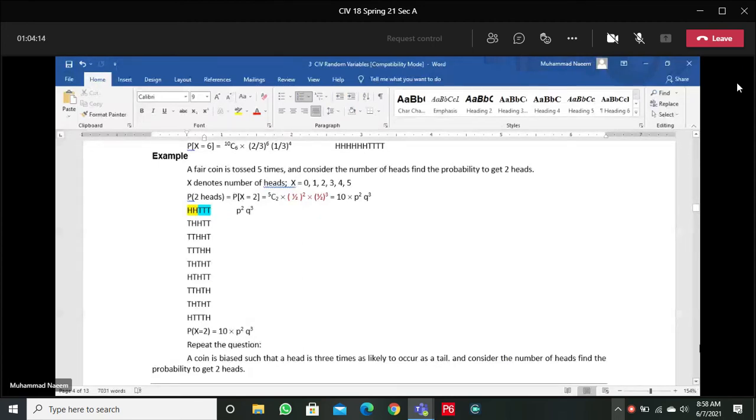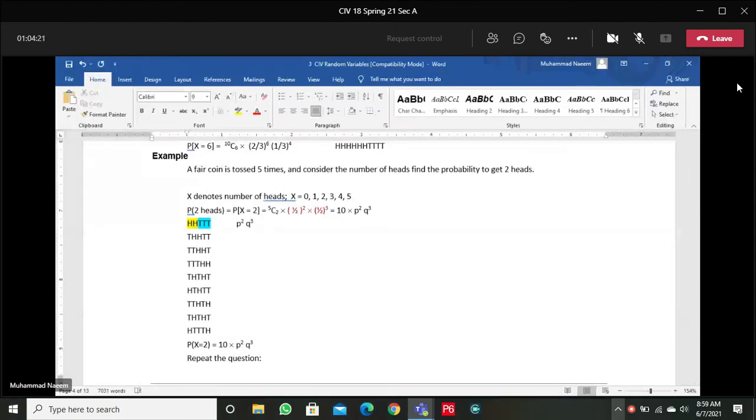The problem will become a negative binomial problem if I state it as the probability of the second head at the fifth toss of a coin. This problem now becomes related to negative binomial.